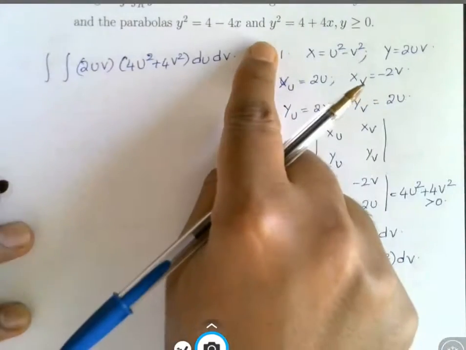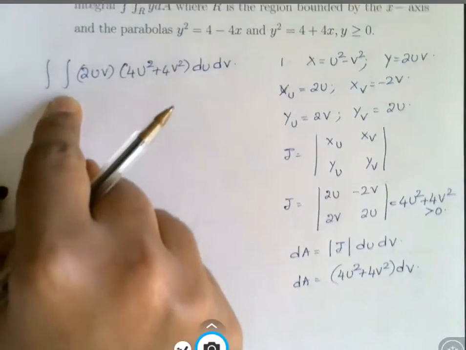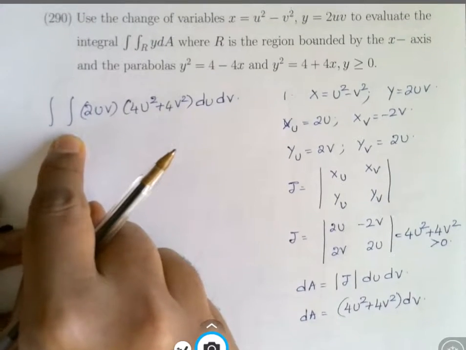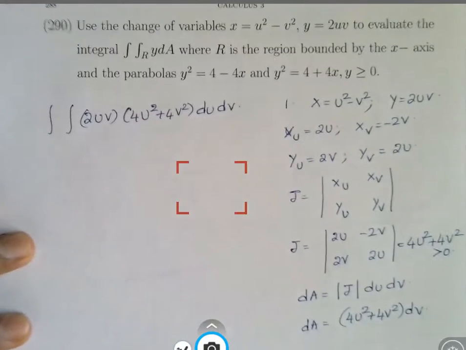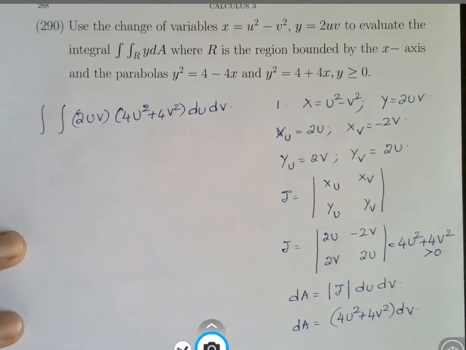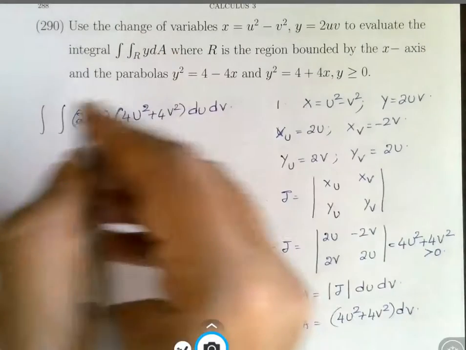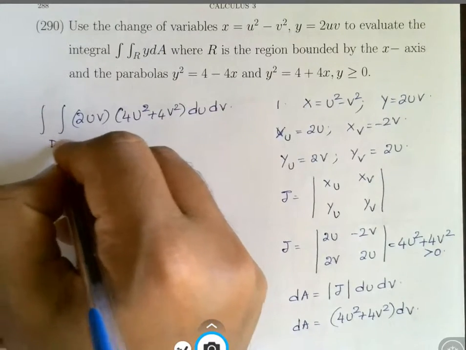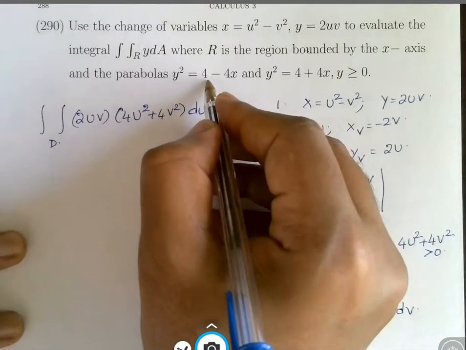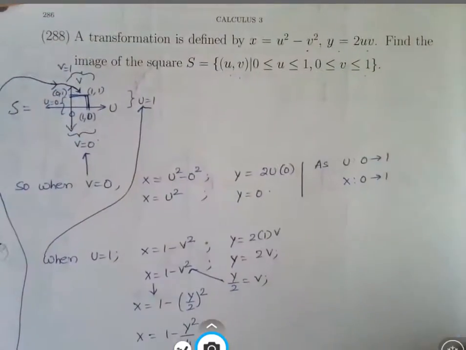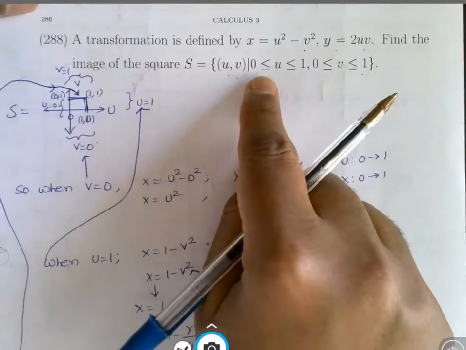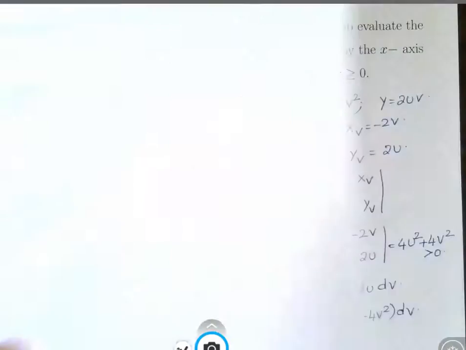But now the question is, what would be my limits of integration? It's on a suitable domain, right? Remember my problem, I transformed the unit square into a parabola.